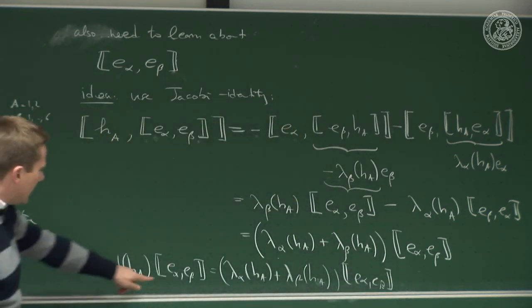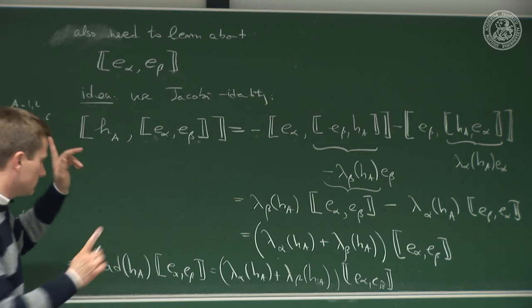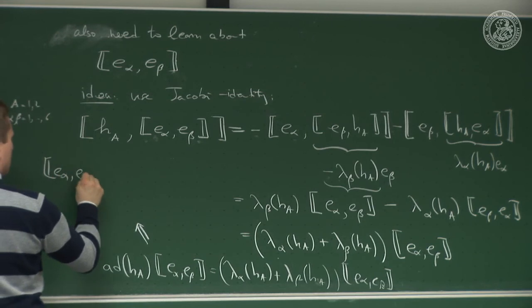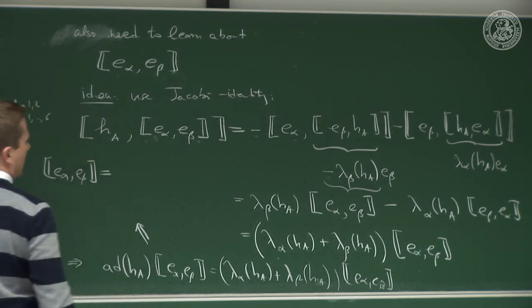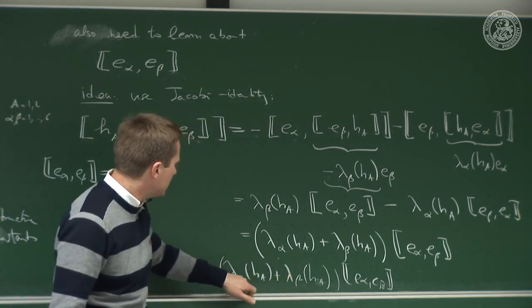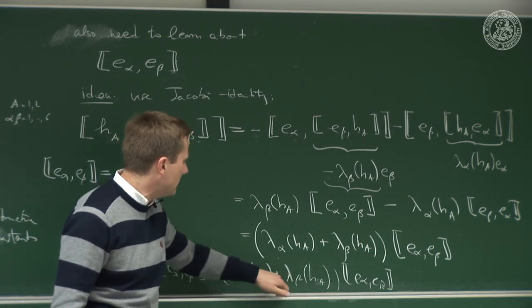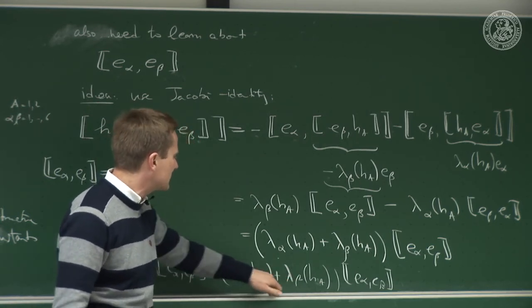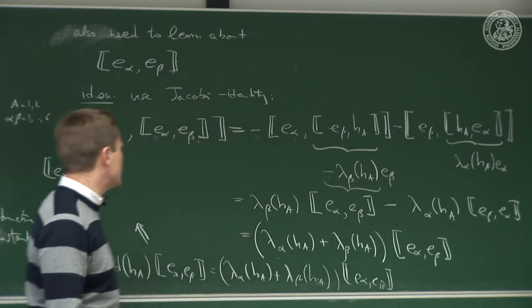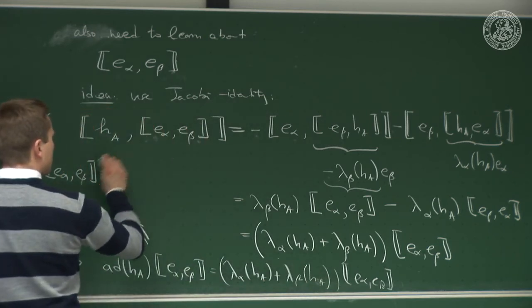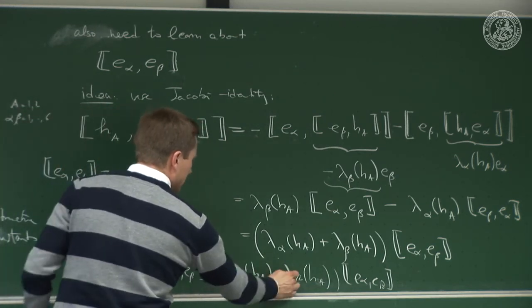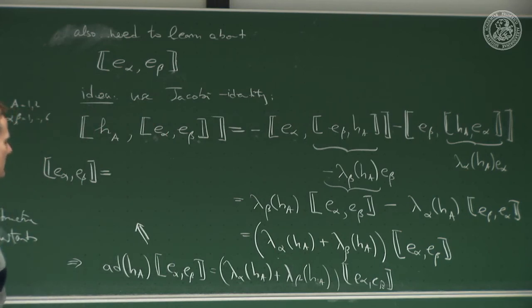That means [E_alpha, E_beta] is also a root. Okay? So hence [E_alpha, E_beta] is, well, I say it's a root. Well, it's a root if the sum, you see, you could write the lambda_alpha plus lambda_beta, you could take the sum, considering them as H-star elements, and only after taking the sum in H-star, you act on H_A. This can either be a root corresponding to the root lambda_alpha plus lambda_beta, if there is such a root.